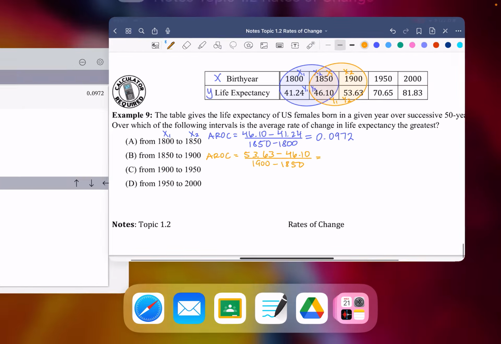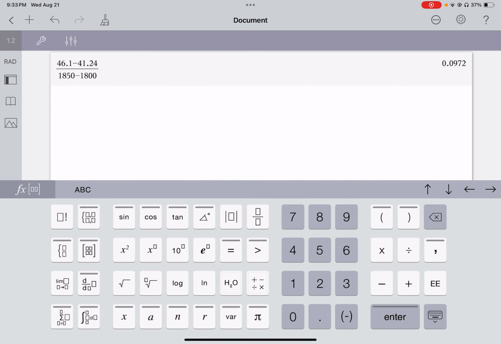Then I put that in the calculator. Again, open up a fraction and put 53.63 minus 46.10 all over 1900 minus 1850. And you get the decimal 0.1506.